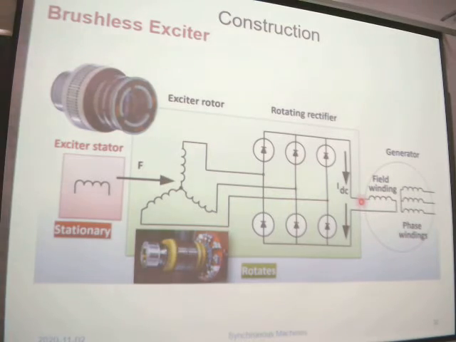In small power, we just use rings and brushes here to connect to the DC power. But in high power, we use this method of the brushless exciter.